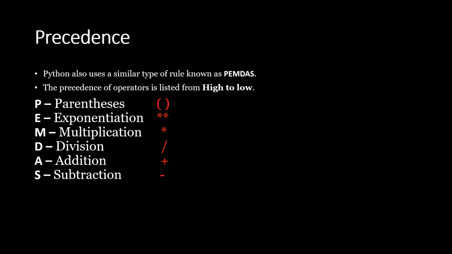And precedence is one of the best topics, and for all programming languages we can solve problems using this precedence format. The rule is PEMDAS, precedence from high to low, where P denotes parentheses, the first priority in programming languages, E exponent is the second, third multiplication, fourth division, fifth addition, sixth subtraction.